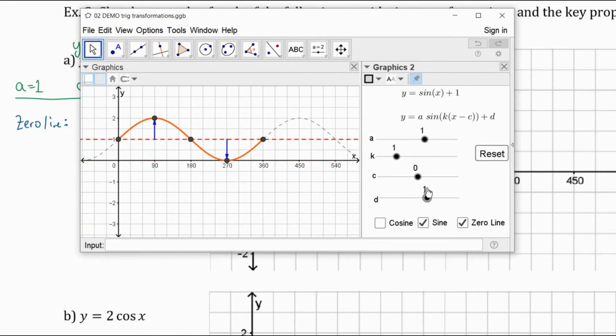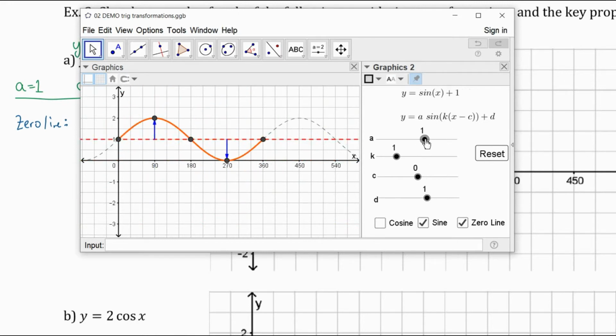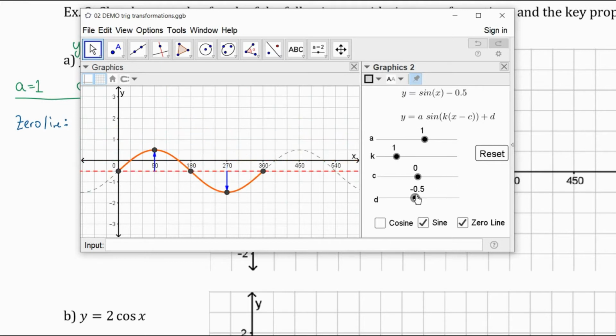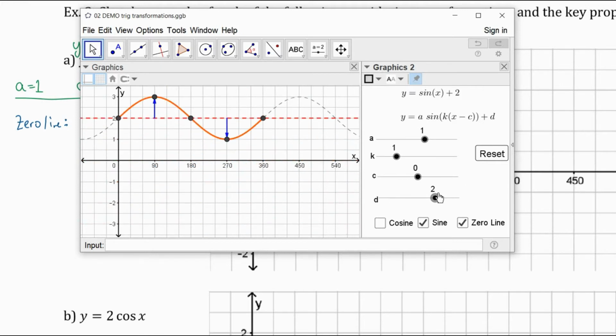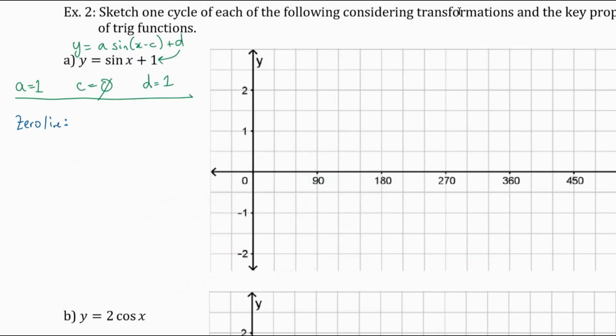I can change the amplitude as much as I want, and I can change the horizontal shift as much as I want. But it is only the d value that moves the zero line. So the zero line comes from the d value, and it is y equals 1.